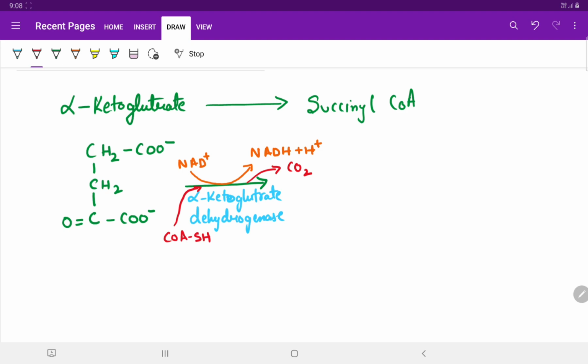So we can clearly see that the carbon dioxide from this carbon is removed, and this ultimately leads to formation of one succinyl coenzyme A molecule.